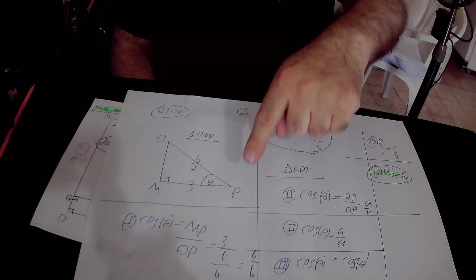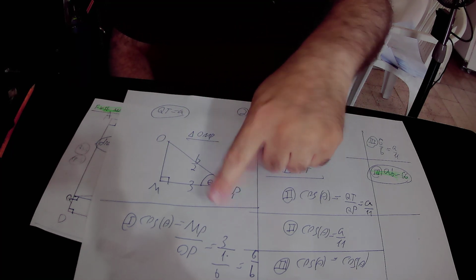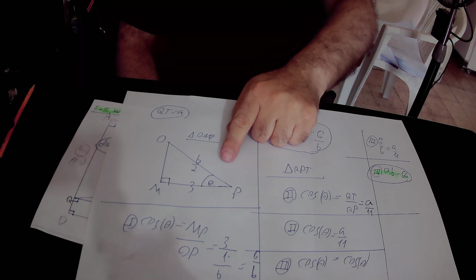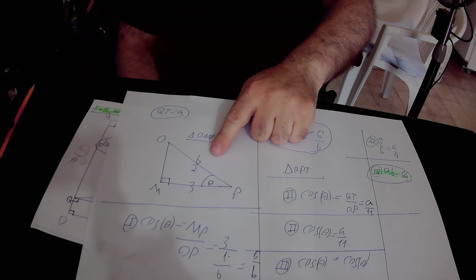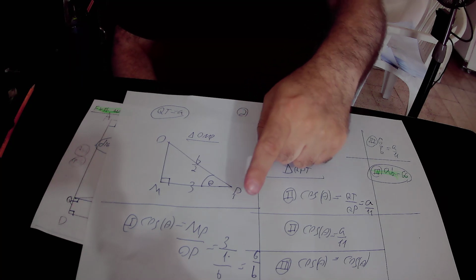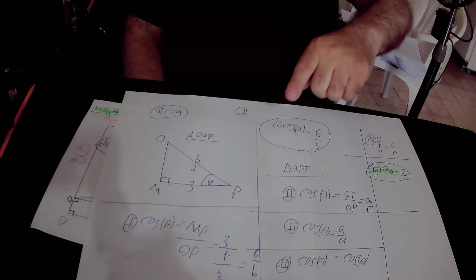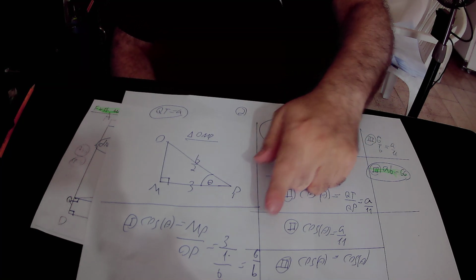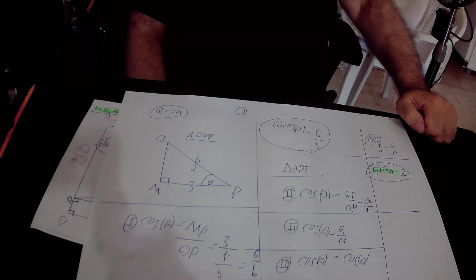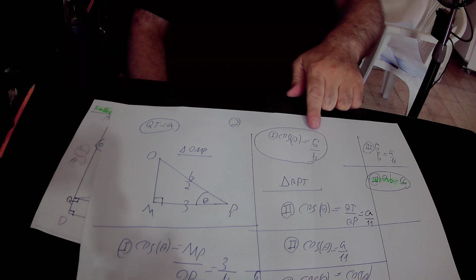So here cosine theta equals MP over OP. MP equals 3, so we substitute MP by 3. OP equals b over 2, we substitute OP by b over 2. 3 over b over 2 equals 6 over b. So according to equation number 1, we found that cosine theta equals 6 over b.